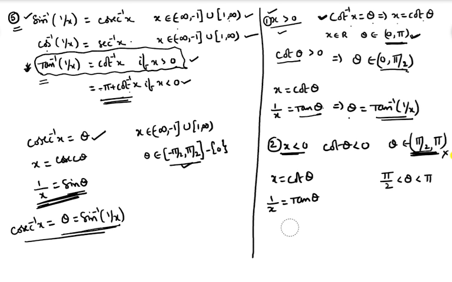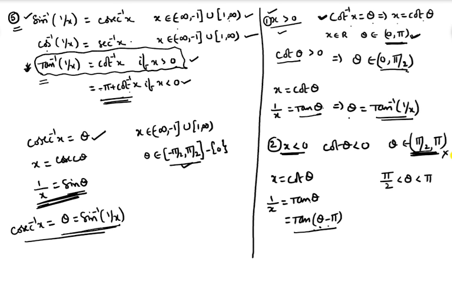1 by x is equal to tan theta we got, with pi by 2 less than theta less than pi. Now what I am doing is this: I can also write tan theta as tan of theta minus pi. Yes, tan theta we can also write as tan of theta minus pi.